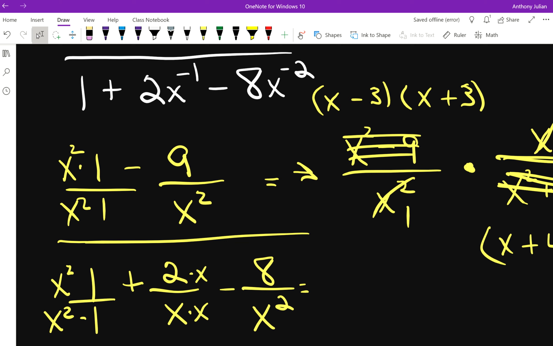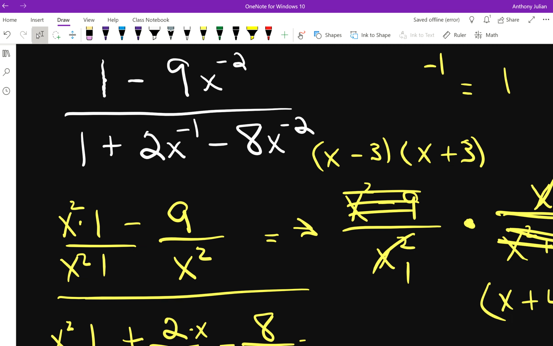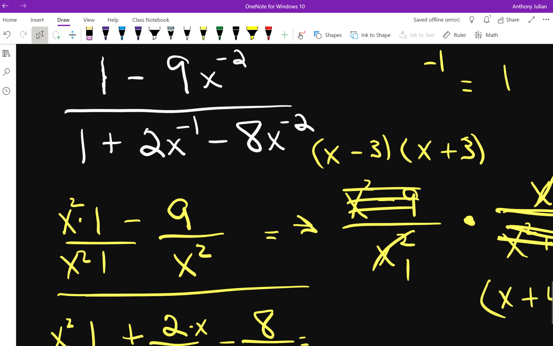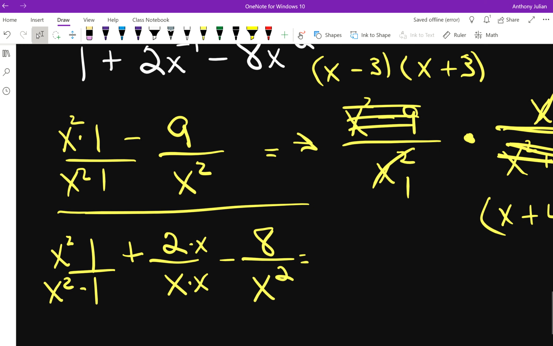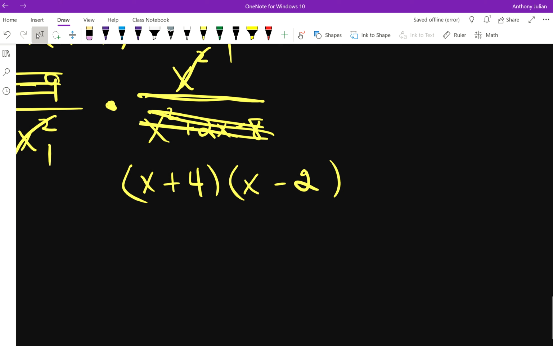It should have been x squared, originally it was 1 minus 4x to the negative 2. I wrote it as 9. 1 minus 9x to the negative 2. In the practice problem, it's 1 minus 4x to the negative 2. But that's okay. I'm just going to leave it. It's still right. I just picked the wrong number.